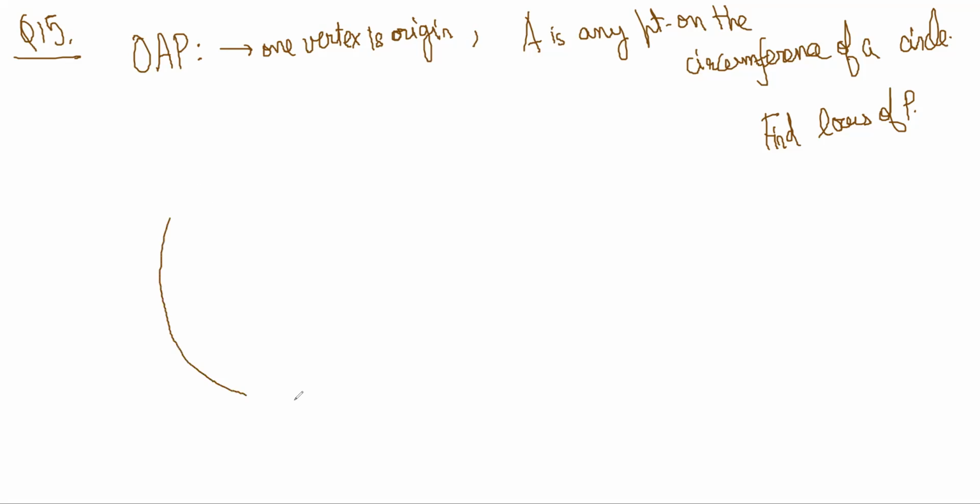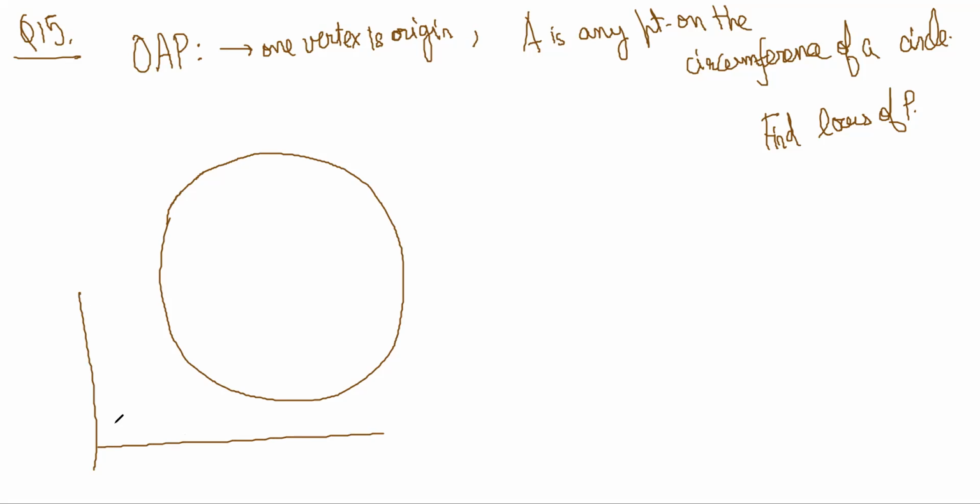So suppose there is a circle. This is origin O, the center of the circle is C, and A is any point on the circumference and P is a variable point.